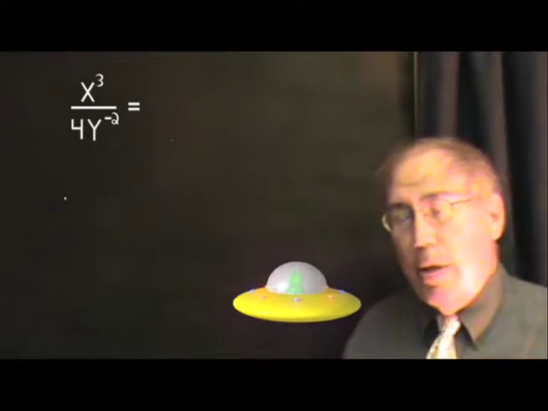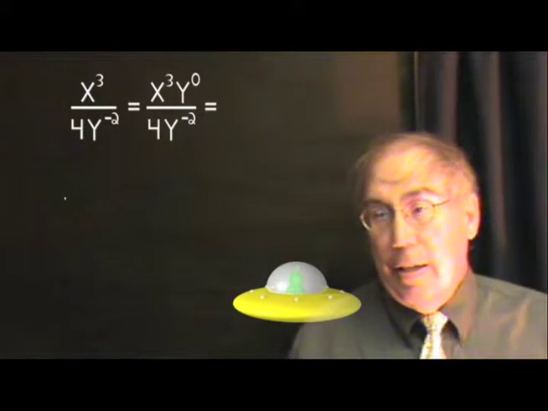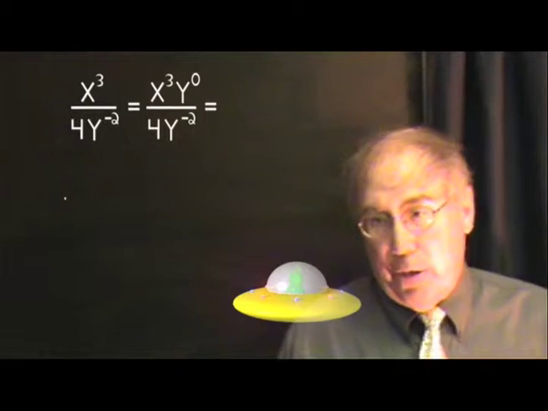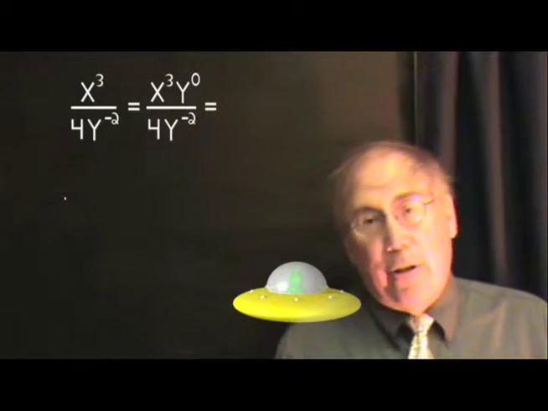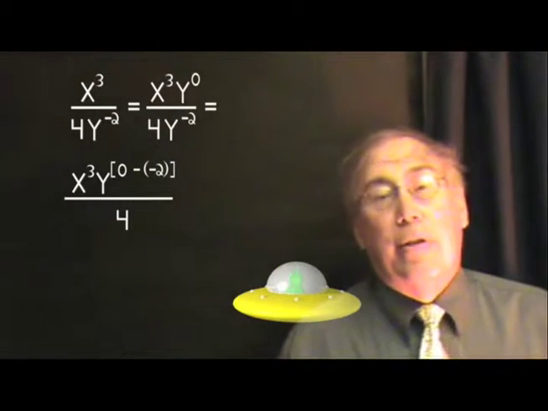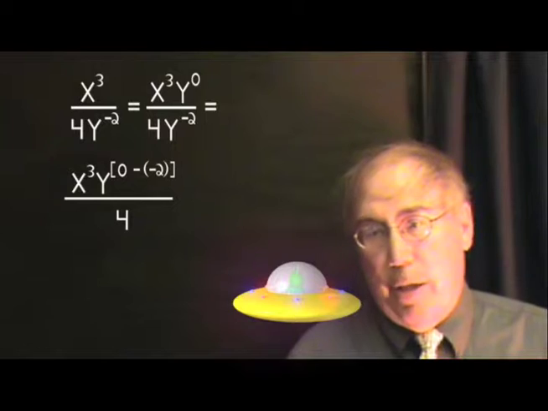And on the next one, we could think of a y being in the numerator there, and we can do our subtraction thing. But again, I could have just moved the y to the negative 2 to the numerator, but when I do, I have to change the sign of that exponent.